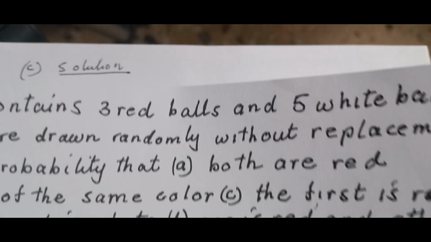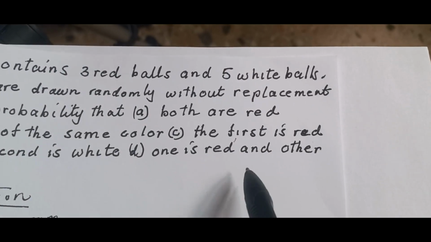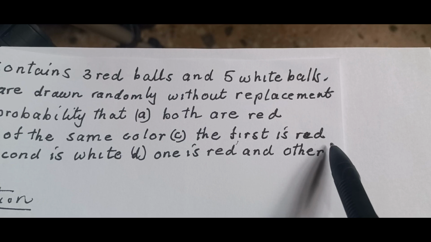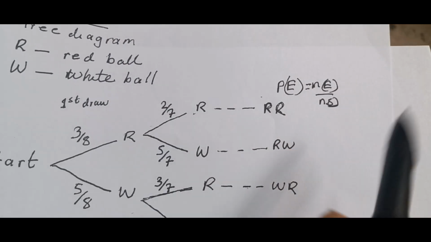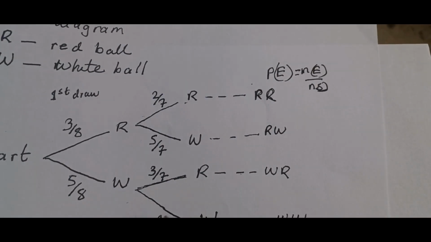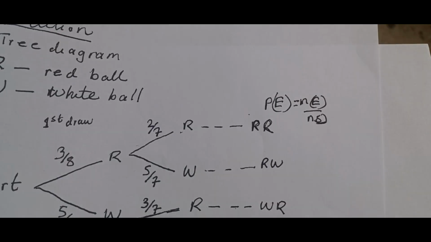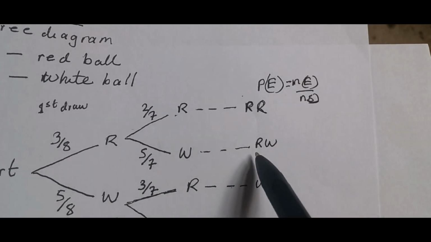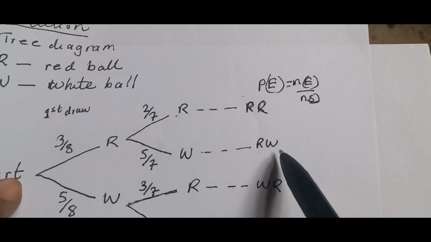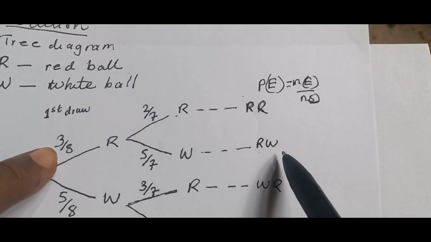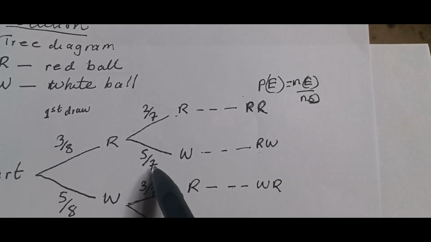In C here, we are told to find the probability that the first is red and the second is white. So we are going to use the same tree diagram. The first ball is supposed to be red and the second ball is supposed to be white, which is this one, red, white. So to reach here, we have 3/8, then here we have 5/7.